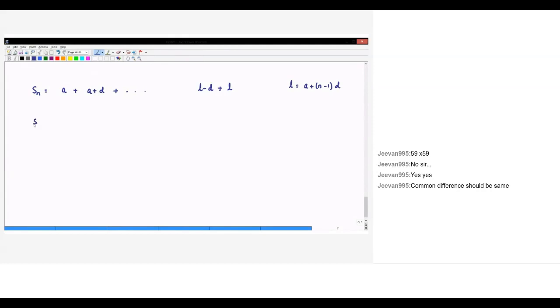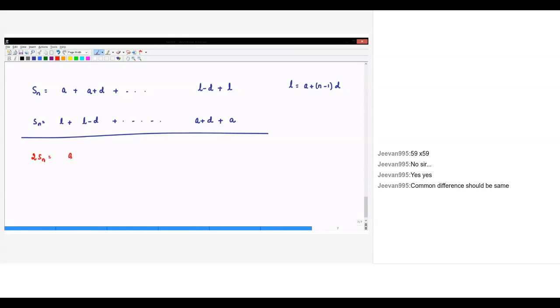Now Sn, L plus L minus D, A plus D plus A. Now look at every term. 2 times of Sn.